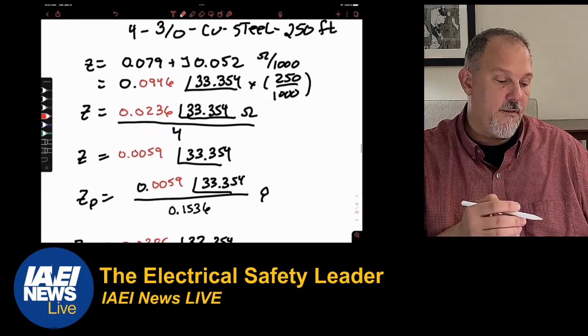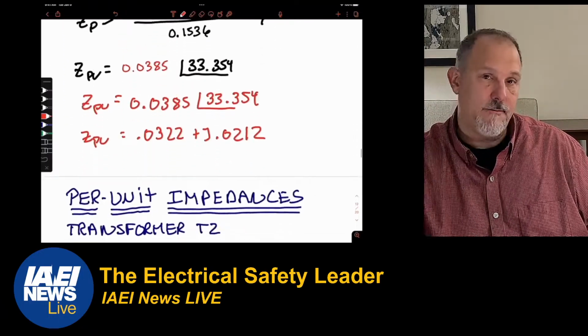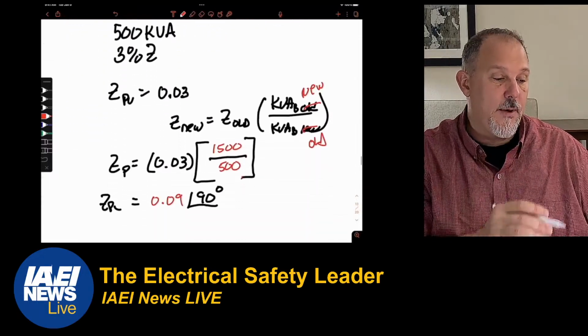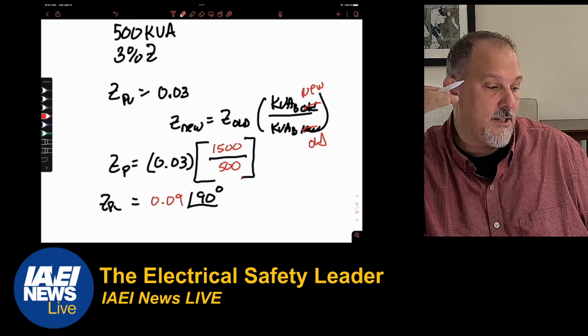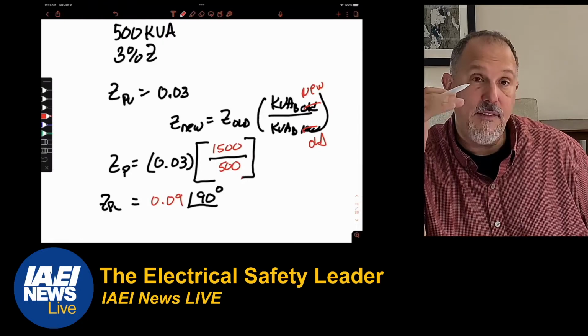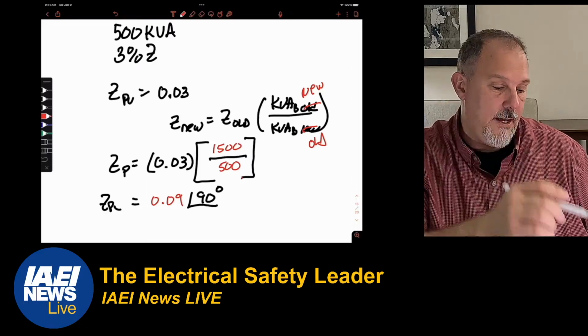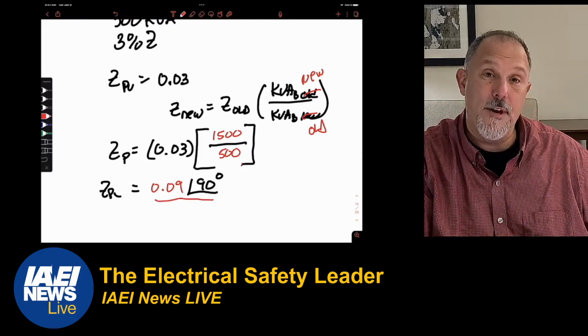We did the same thing for conductor 2, but we made a mistake 2 times before. We fixed that. There's now our transformer. We have to take the percent impedance times the new kVA over the old kVA, and we get 0.09.